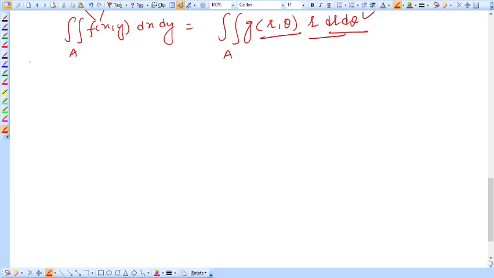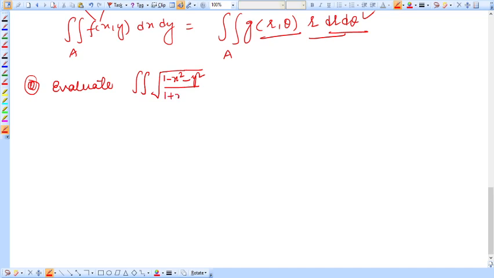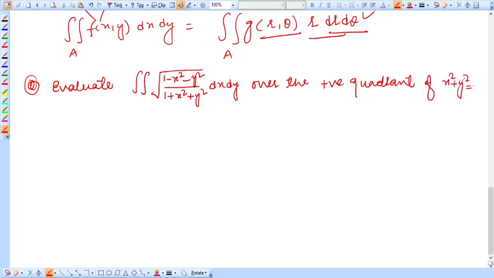The problem is: evaluate the double integral of root of 1 minus x square minus y square divided by 1 plus x square plus y square, dx dy, over the positive quadrant of the circle x square plus y square equal to 1.